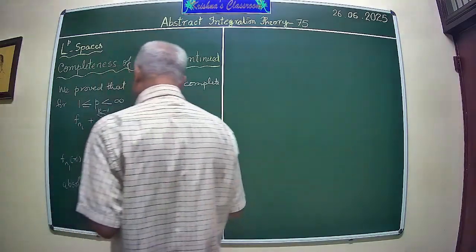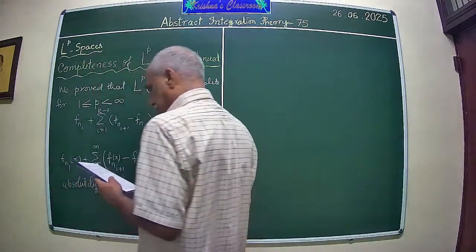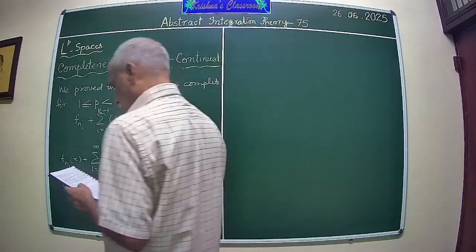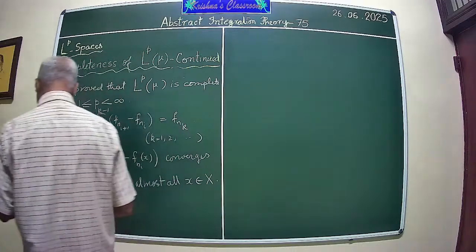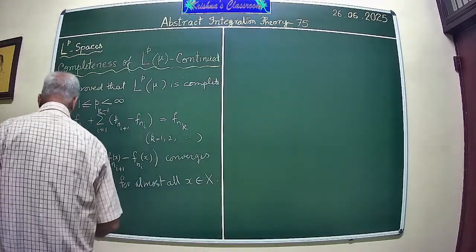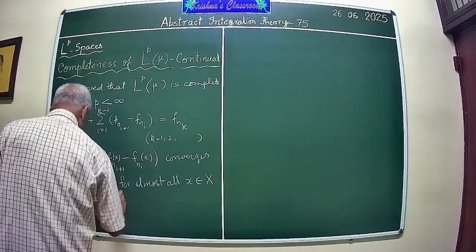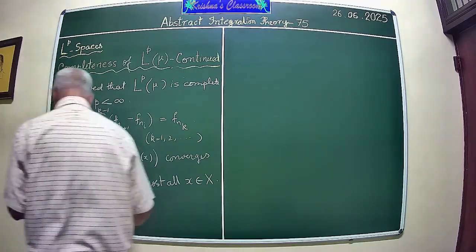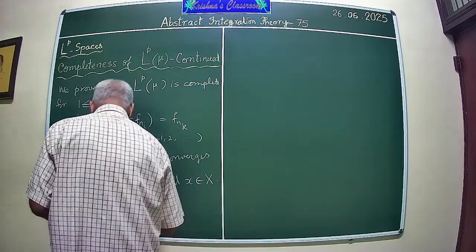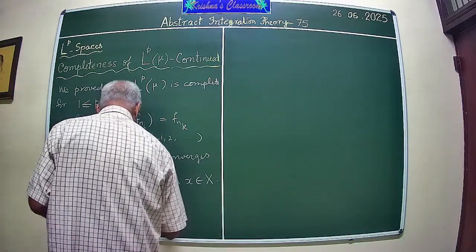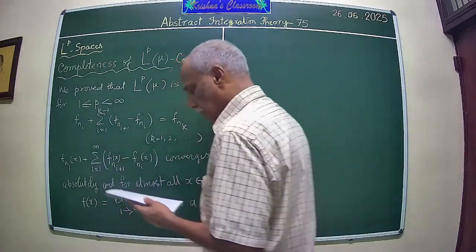Now the partial sums of this is what I have written here, and we have fx defined by the limit as n tending to infinity, almost every x. Now this is what we proved.